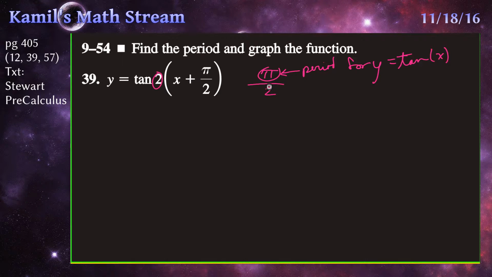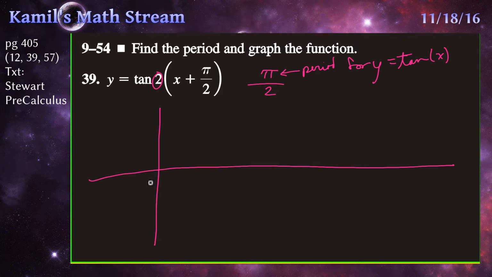Pi over 2 is what we're looking for here. This would basically mean a shift to the left. That's what I think, at least. It's probably what it is.